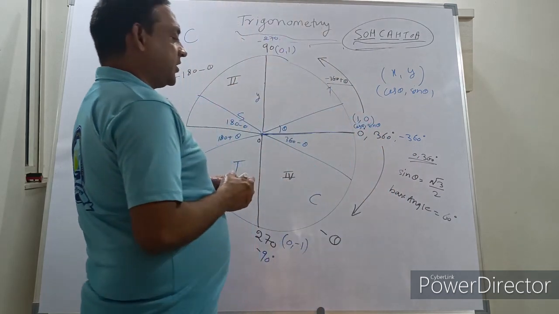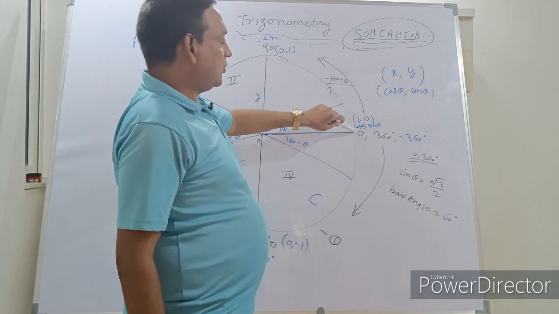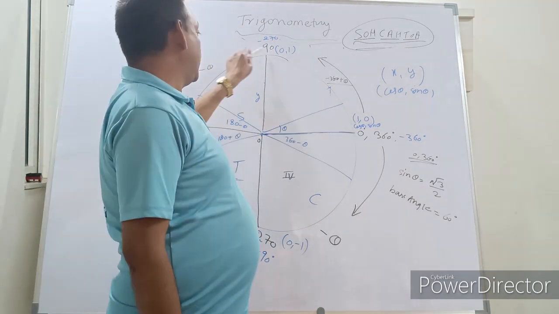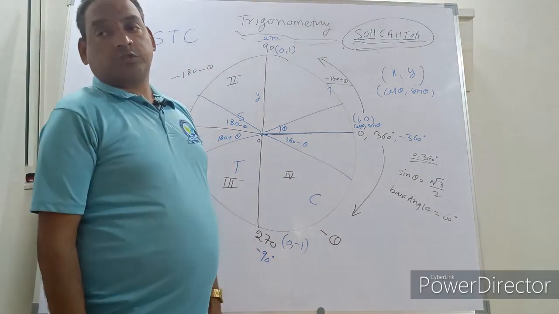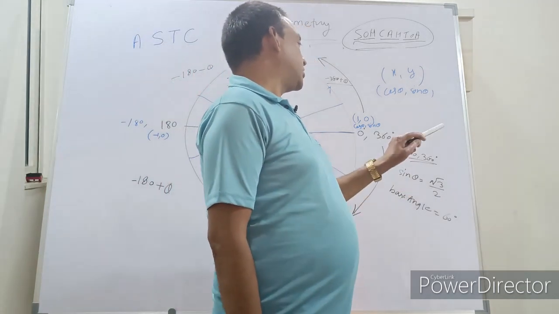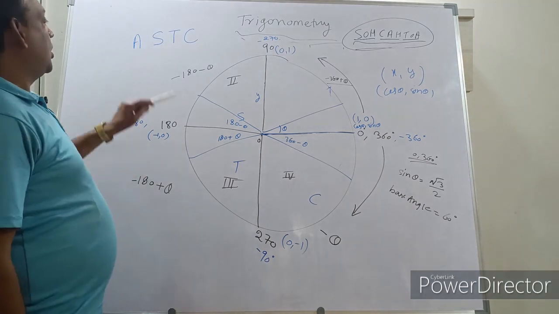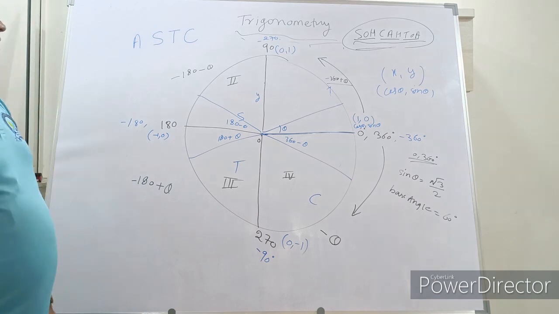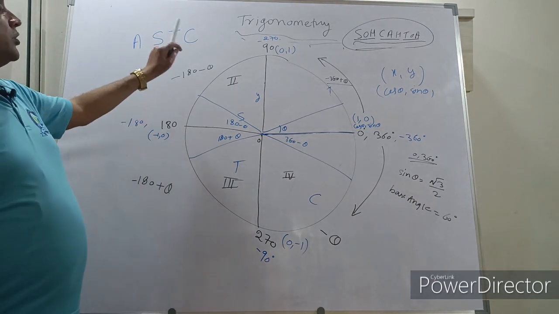Since they are asking 0 to 360, we have to go from here all the way till here, because this is 0 degrees and all the way here this will be 360 degrees. The first thing we have to check: in how many quadrants do we get the sine value positive? All silver teacup. Everything is positive in the first quadrant, only sine is positive in the second quadrant.